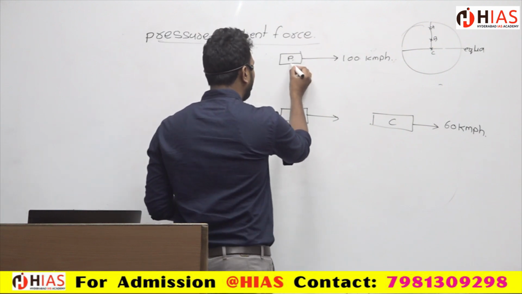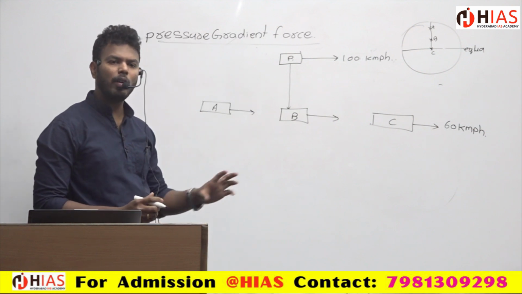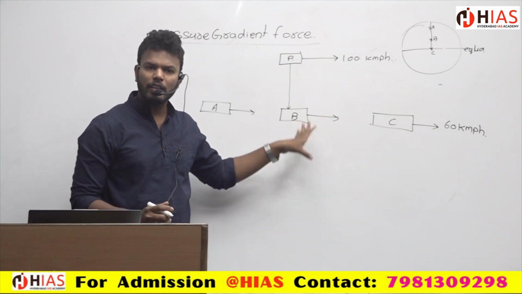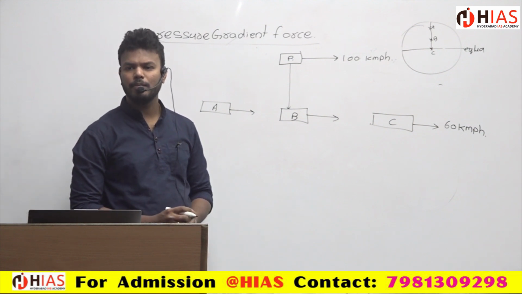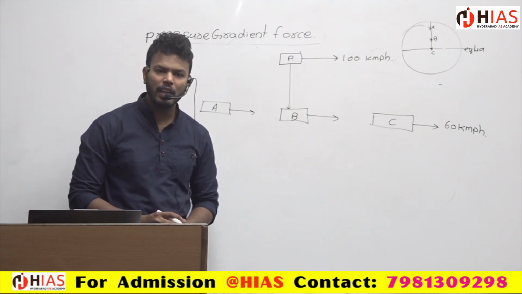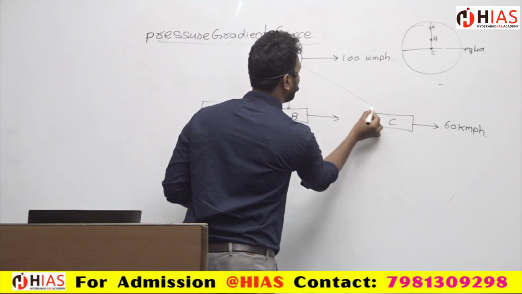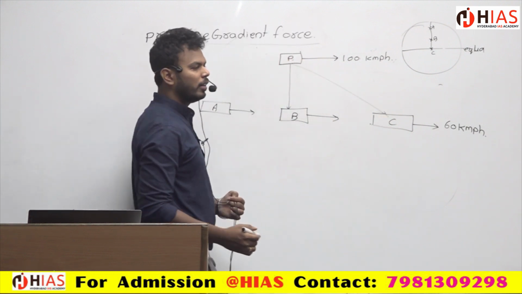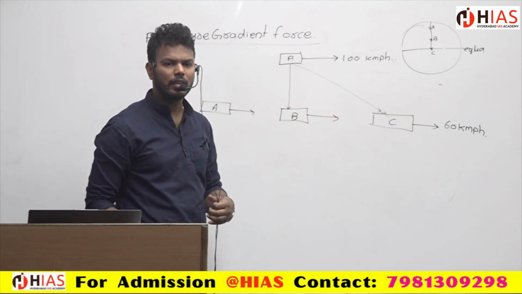Now, P wants to throw something onto B. Will it reach B? Where will it go? Will it go to C or not? Not exactly, but it will be moving ahead.